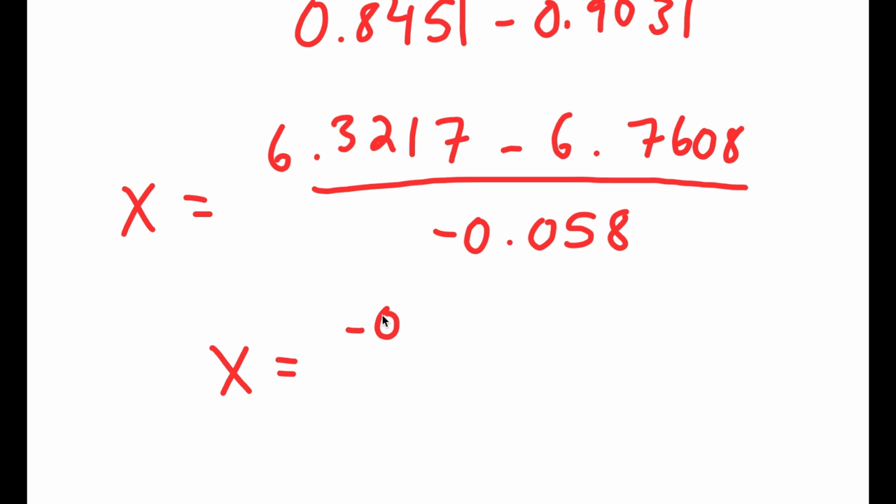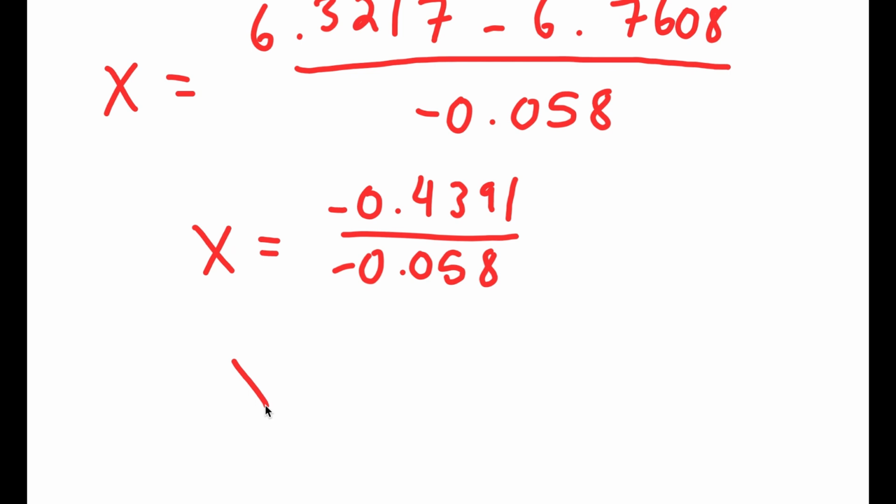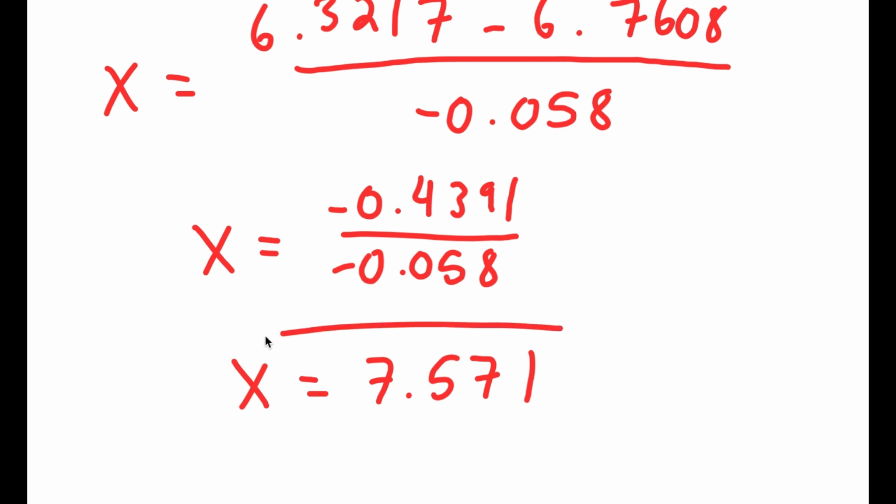Now I get negative 0.4391 over negative 0.058. And this is equal to 7.571. So this is my answer to this equation.